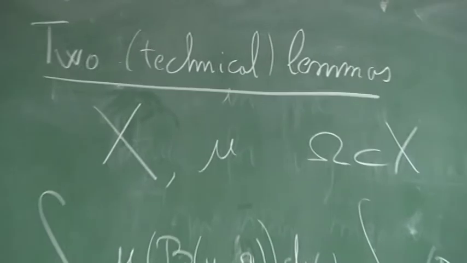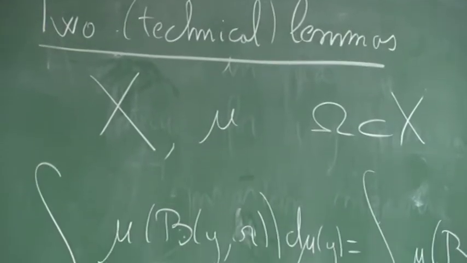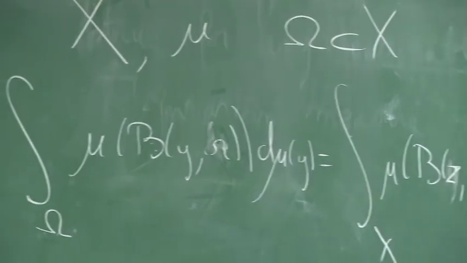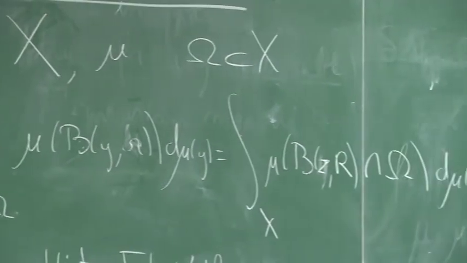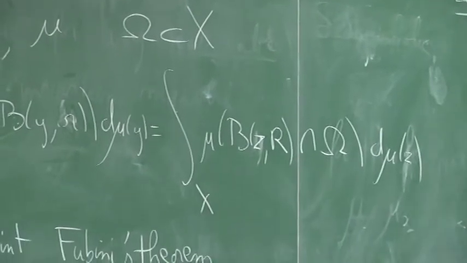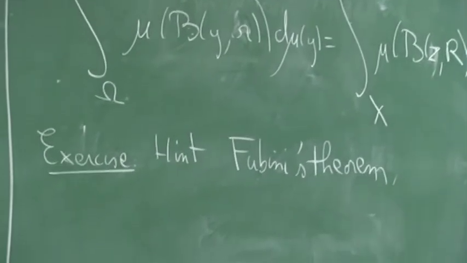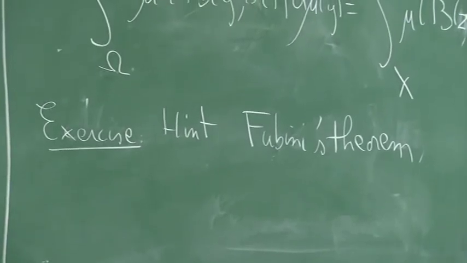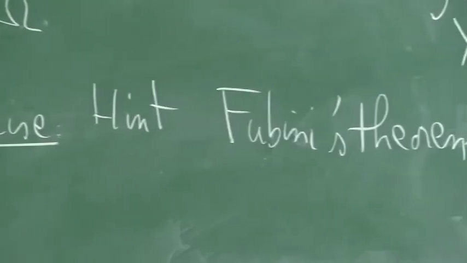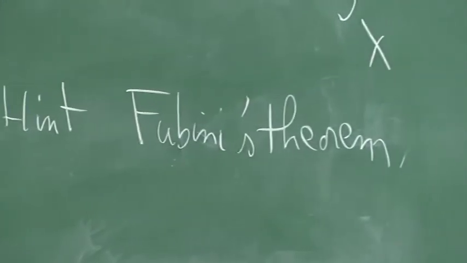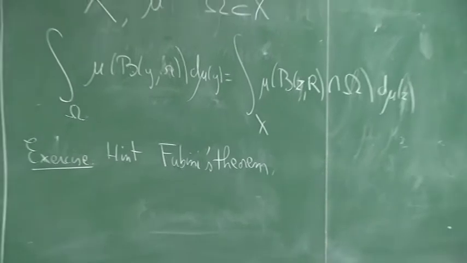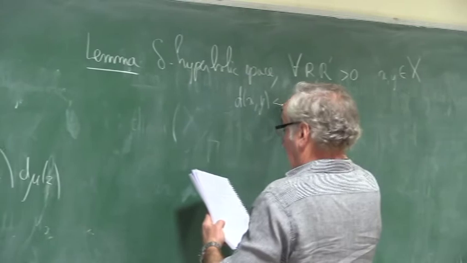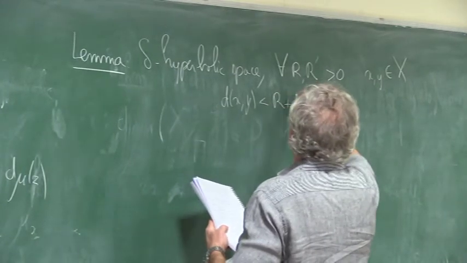The second lemma is a little bit more interesting geometrically, and it goes as follows. I will not prove either, because I don't have enough time. We start with a delta hyperbolic space, of course, and we take two positive numbers r and r prime, which are supposed to become radii, and two points x and y, and we assume that the distance between x and y is strictly less than r plus r prime.